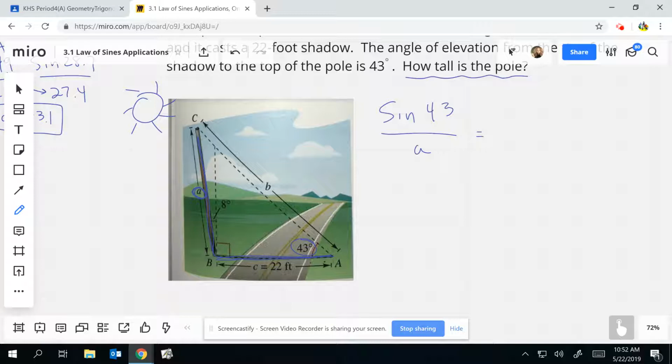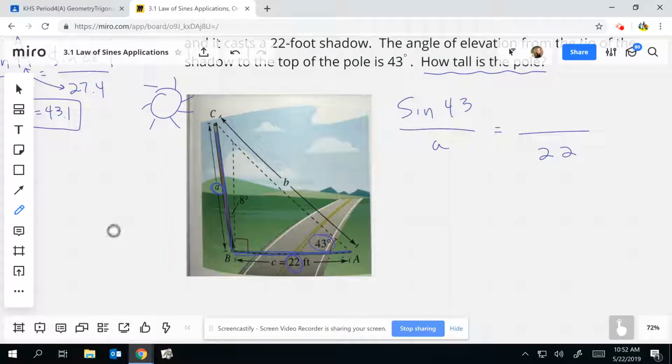Now, the other pieces they gave me, little c down here at 22. So I'm going to probably need to get big C because I need both C's. So looking at it, I've got 43 in this angle A. This angle B is also given. It gives me 90 and it gives me 8. So this has to be 98.